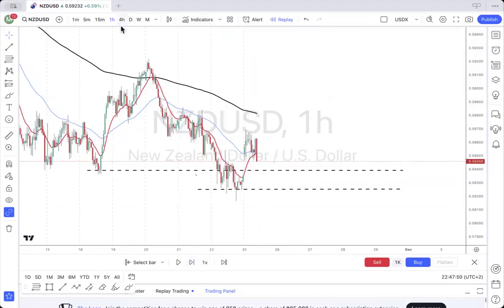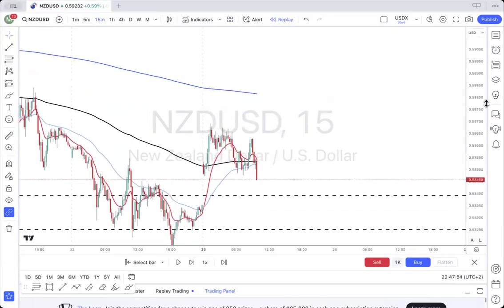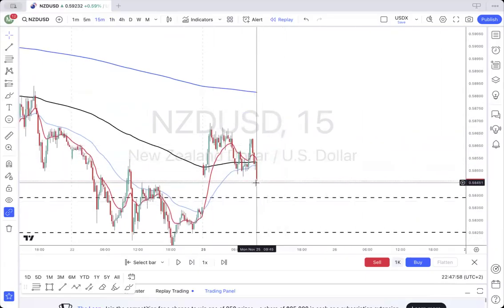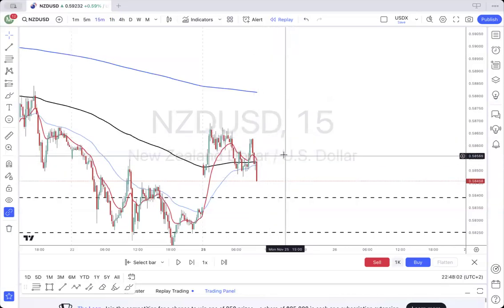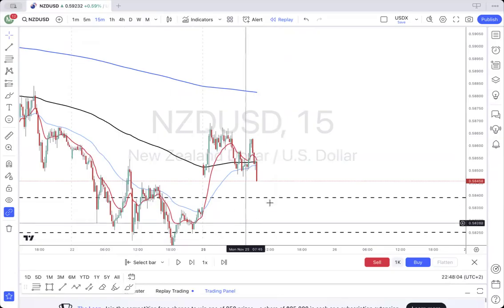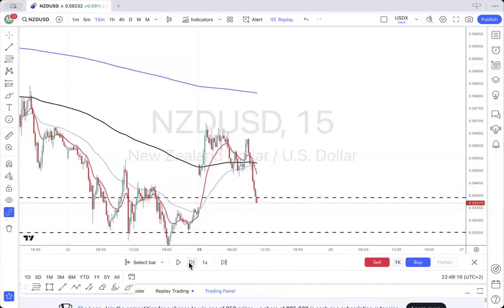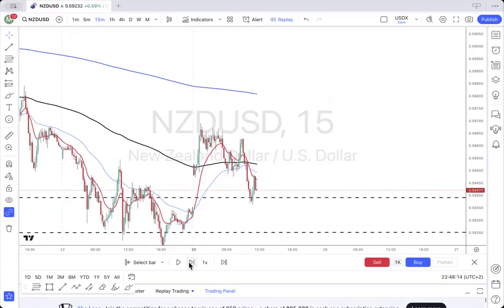That looks interesting. Let's go and look on the 15 minutes. So that does look like a nice M formation, but I don't know if they will come back around those areas to give me an entry. Let's just see. Let's continue and see what will happen. So they never did. Oh, maybe they might.